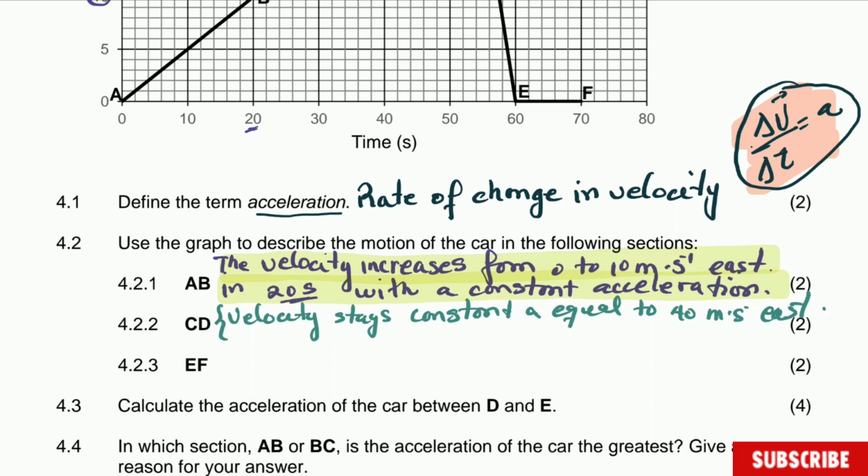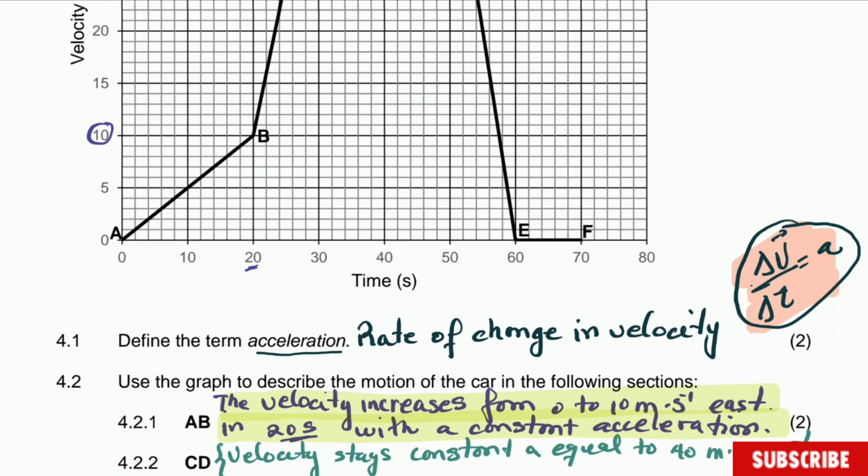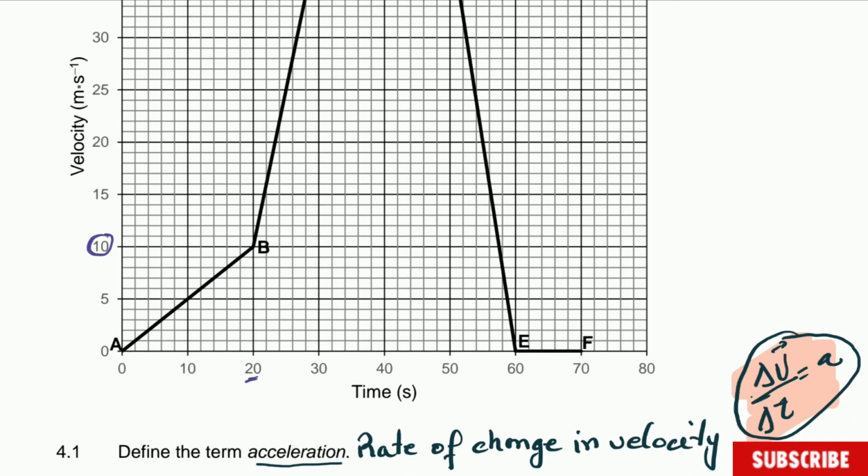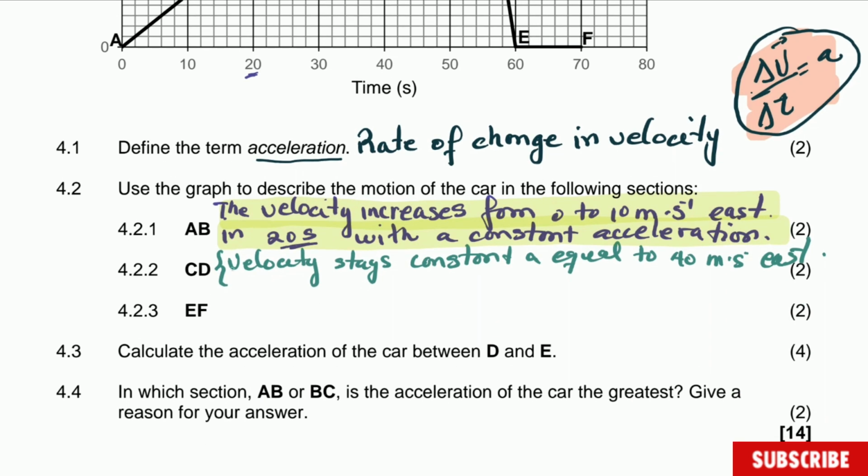Second, how long was the object moving at constant velocity? Well, it is from 30 to 50, so it's 20 seconds. We're going to have a full stop and say the acceleration is 0.